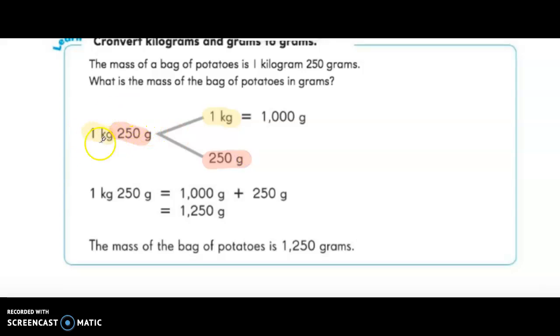They move 1 kilogram up here because we know very easily that 1 kilogram is equivalent to 1,000 grams. And then finally we need to take these two numbers and add them together, which is done right here, to get the total mass of the bag of potatoes in just grams.